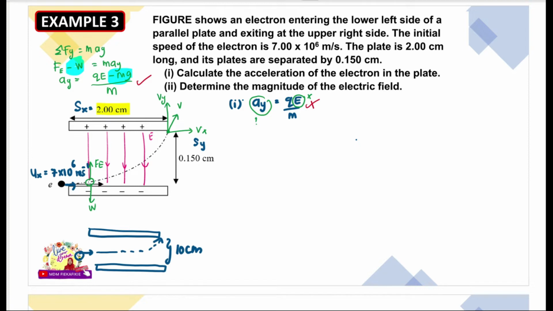Okay, so for this case, I will use equation SY, since SY is equal to UYT plus half AYT squared. Okay, so UY kita dah tahu, initial velocity projected horizontally in this direction hanya ada UX sahaja.